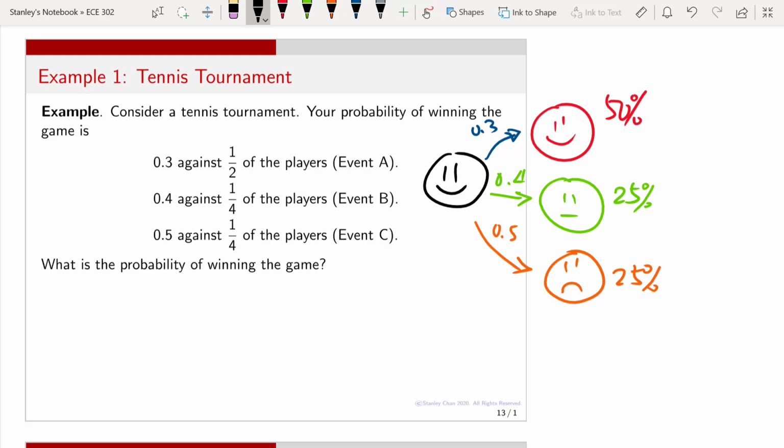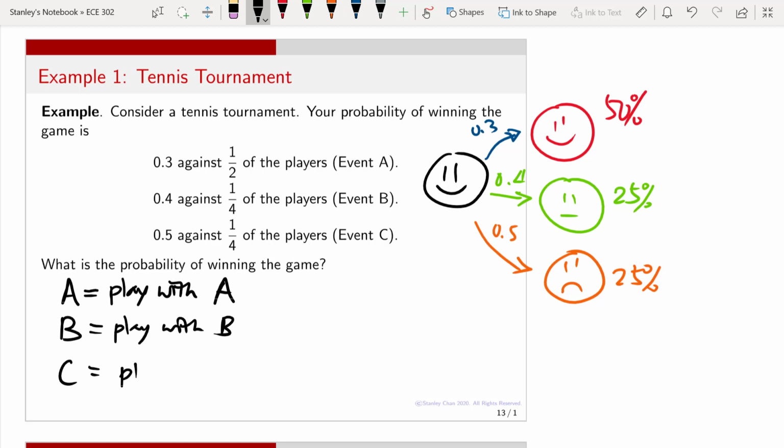Okay, so how do we calculate the probability of winning the game? Now, to do this problem, let us define three events. A is play with A. B is play with B, and C is play with C. So the probability of A is 0.5, or let's just write it 1/2.